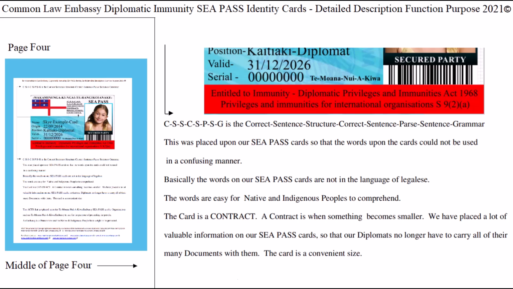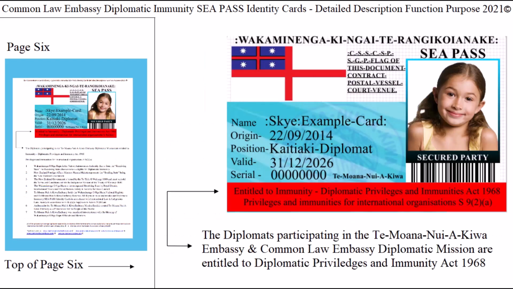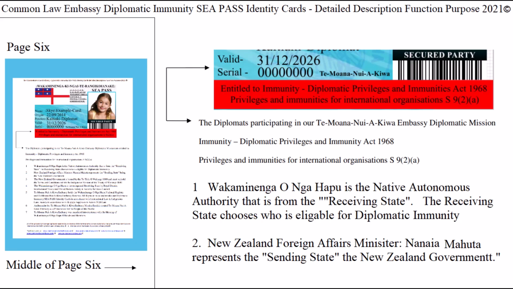We've placed a lot of valuable information on our CPass cards so that our diplomats no longer have to carry all of their many documents with them. And the card is in a convenient size and complies with aviation regulations and also the regulations for passports. Acts that are placed upon the cards, both Te-Moana-Nui-A-Kiwa Embassy cards and the Common Law Embassy cards, are for organisations to use for the purpose of protecting the people.